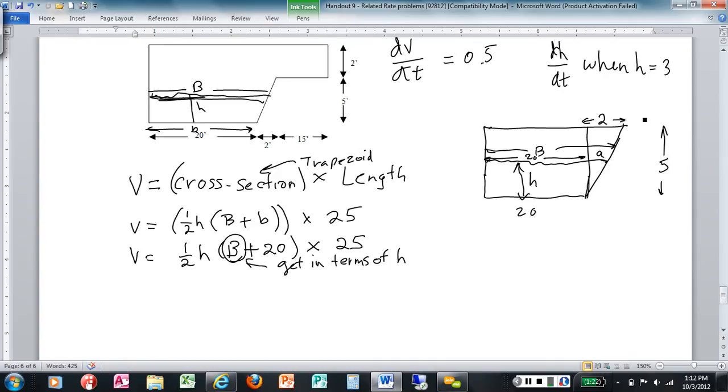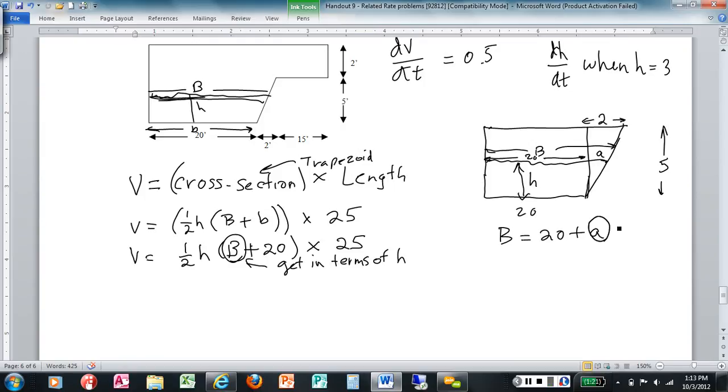Okay? So big B is 20 plus A. Now, what I can do with that is, I'm trying to get big B in terms of H. I've got it in terms of little a, this little piece right here.